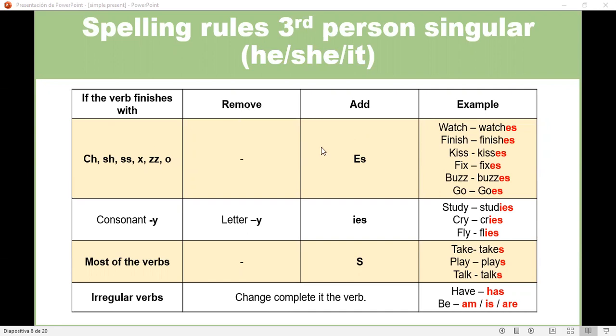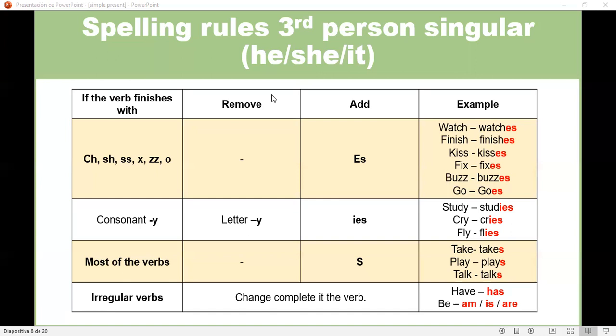We have to add, tenemos que añadir, we have to add ES. For example, watch, watches, finish, finishes. Kiss, kisses. Fix, fixes. Buzz, buzzes. Go, goes. That is the first rule.